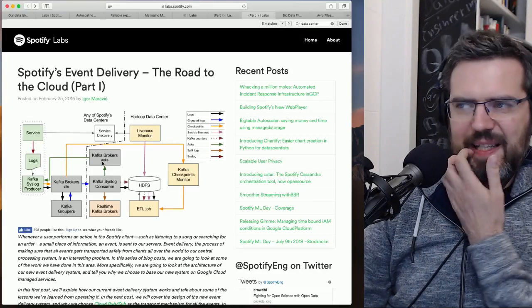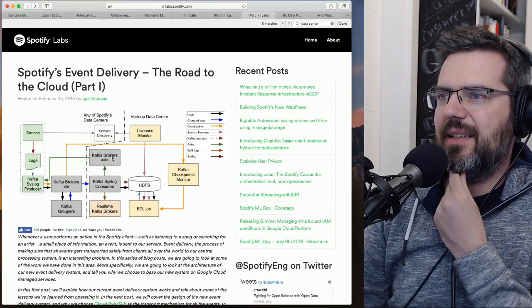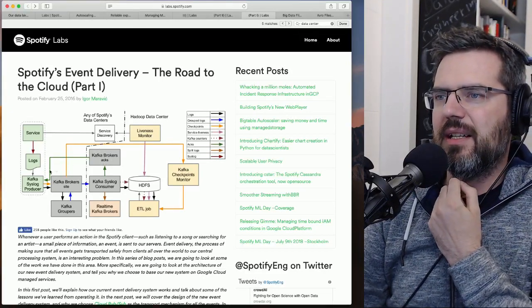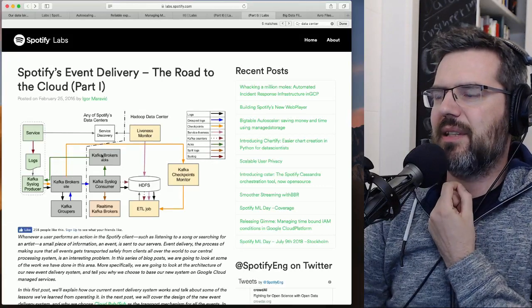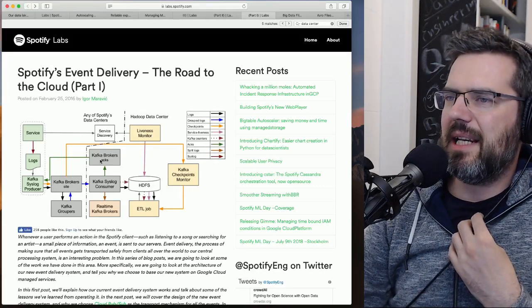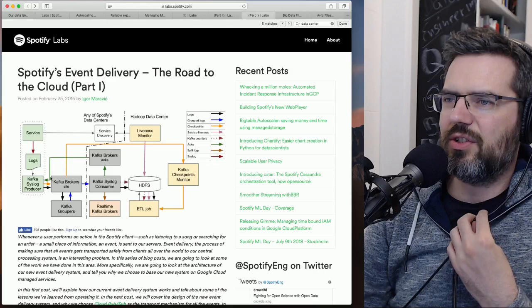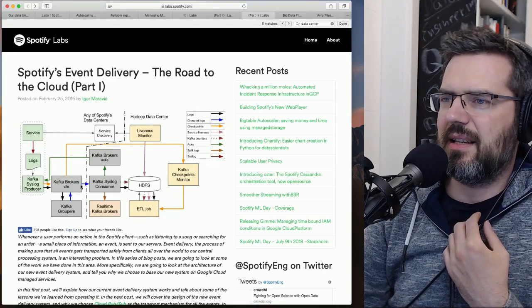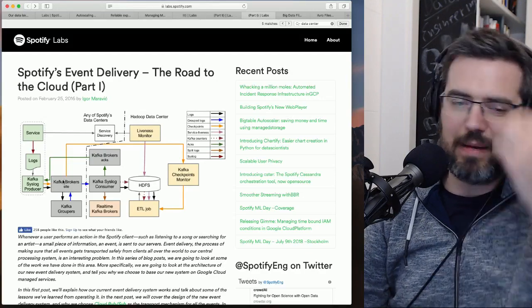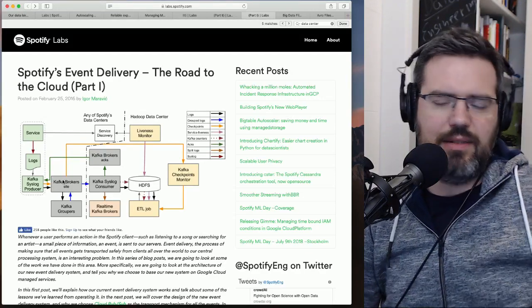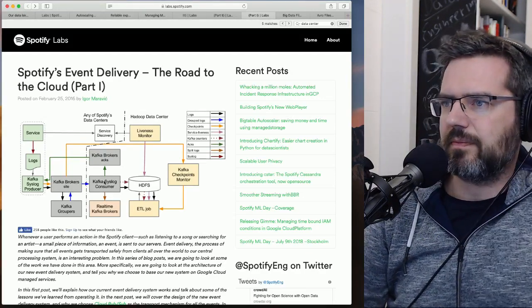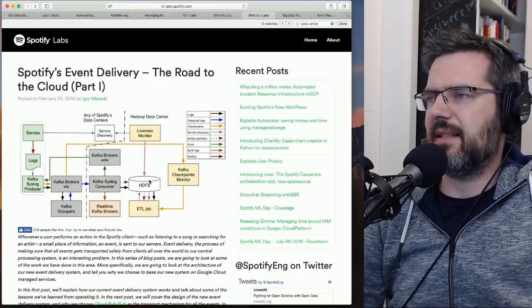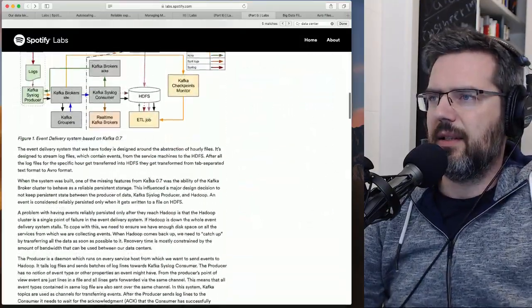So this is from the Kafka brokers in the main data center. They send the acknowledgement back to the syslog producer. Usually, this thing here sends the acknowledgement back. So this is an interesting solution here.